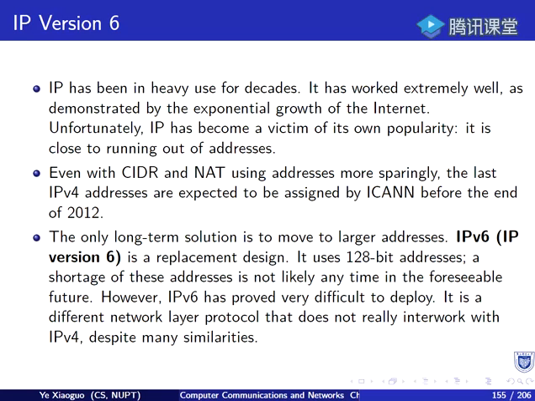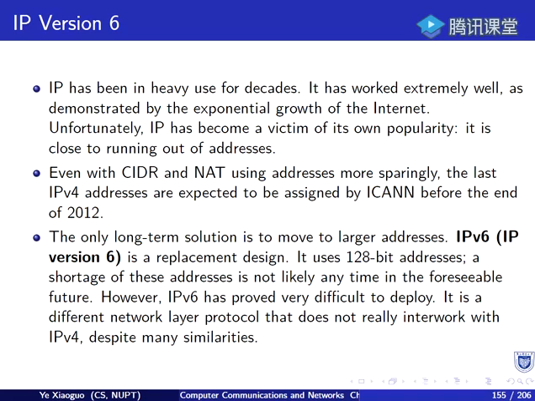A shortage of these addresses is not likely anytime in the foreseeable future. However, IPv6 has proved very difficult to deploy. It is a different network layer protocol that does not really interwork with the old version, IPv4, despite many similarities.